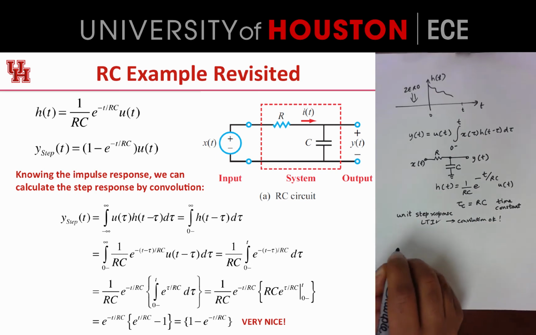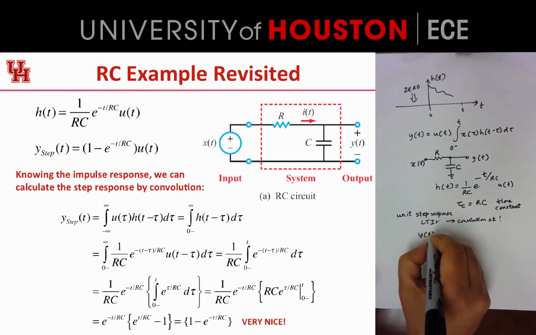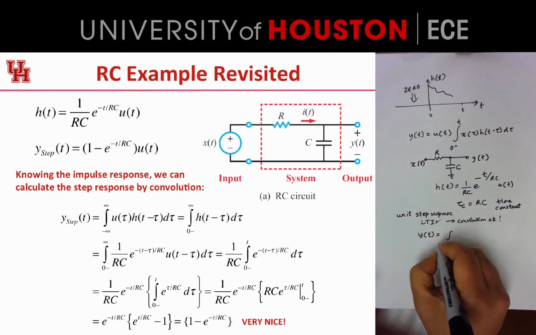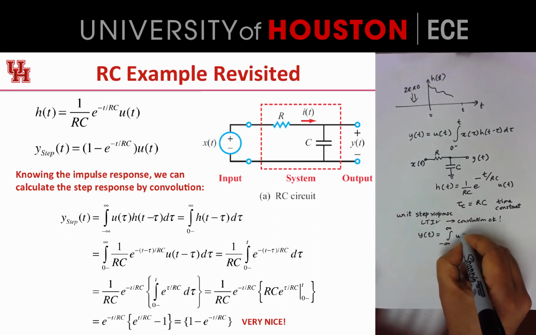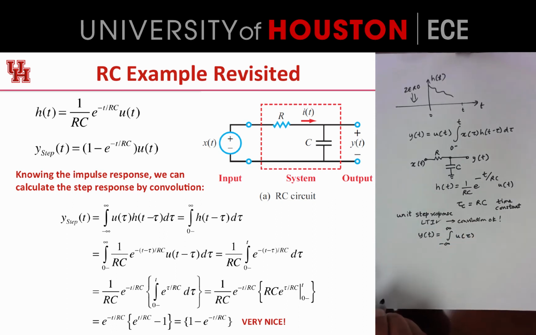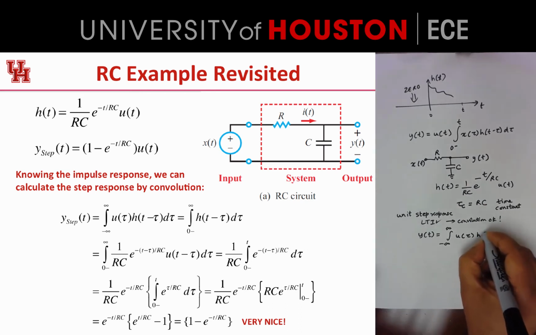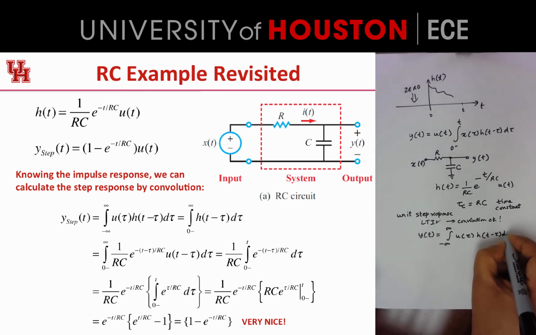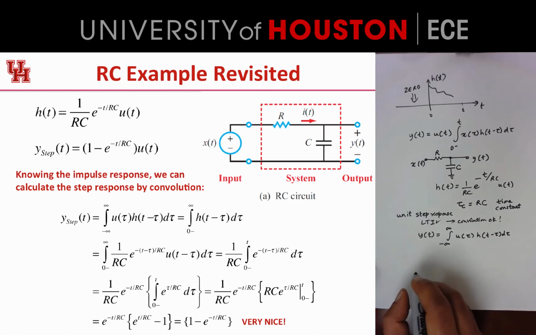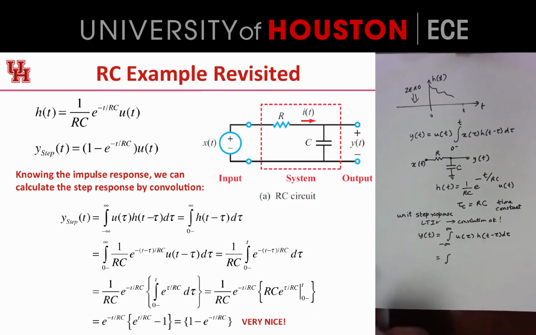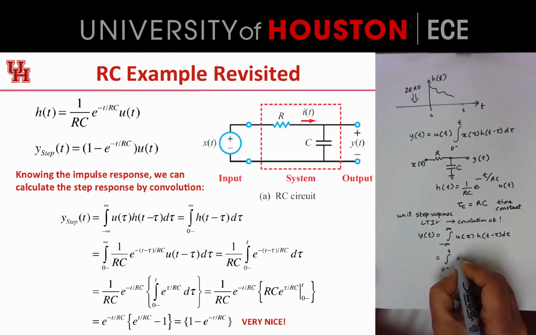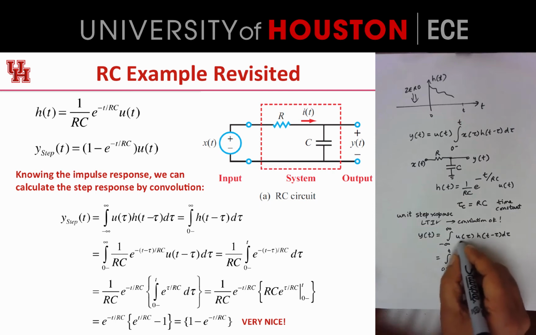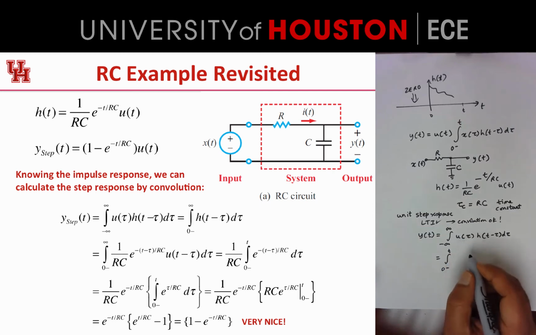So let's use it. So y of t is the convolution of the input, which is now the unit step function, with h of t minus tau, d tau. So this is given by the integral from 0 to t, and that's what the unit step takes care of.